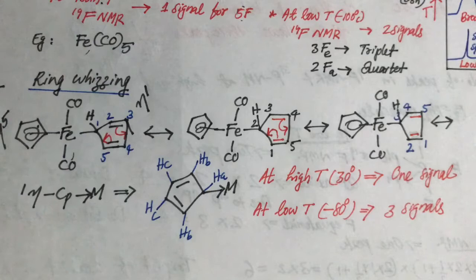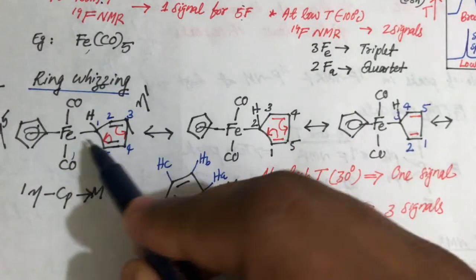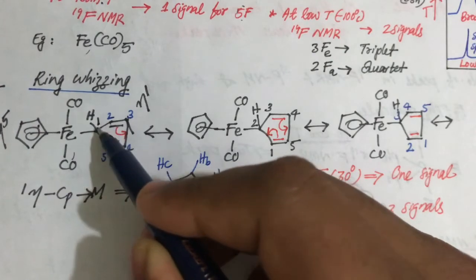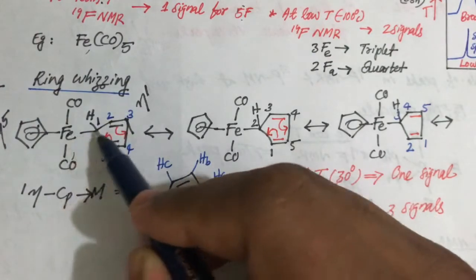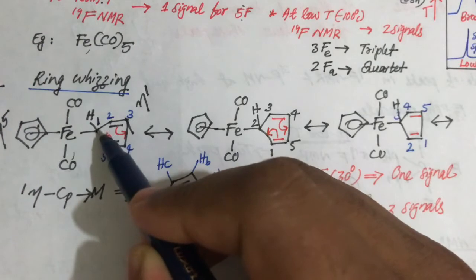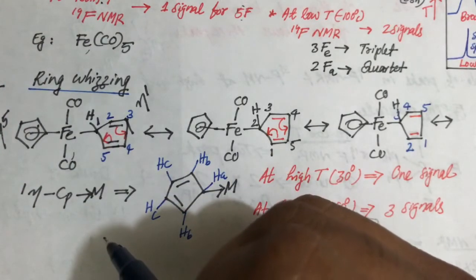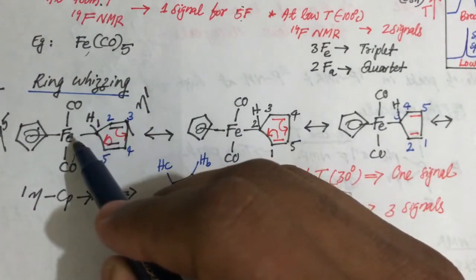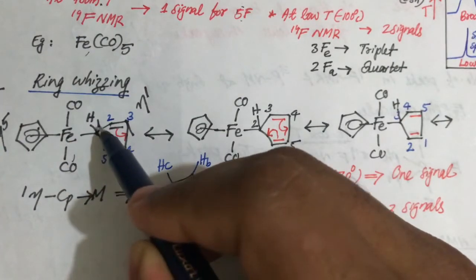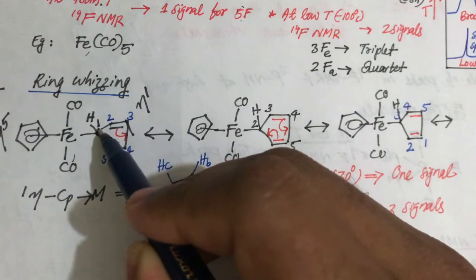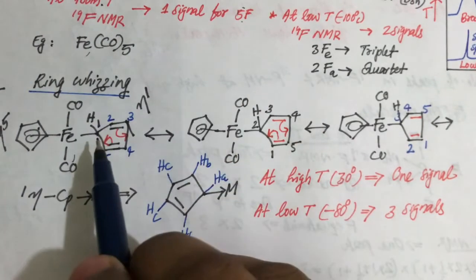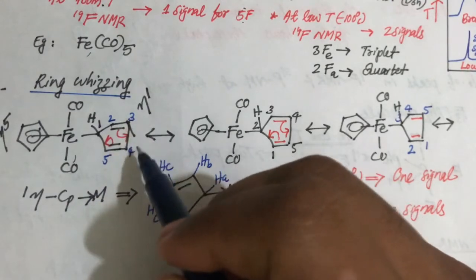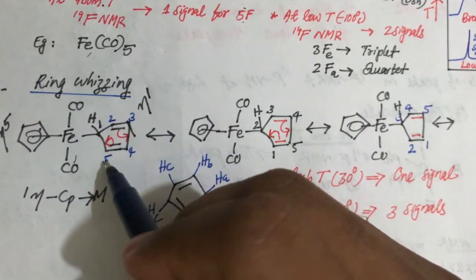So what will happen now? In this complex, the ring carbons are marked as 1 2 3 4 5. Now the iron is coordinated to this one carbon. Now it will undergo ring whizzing, meaning the iron is now bonded to 1, now it can bond to 2, and it can bond to 3, to 4, to 5.